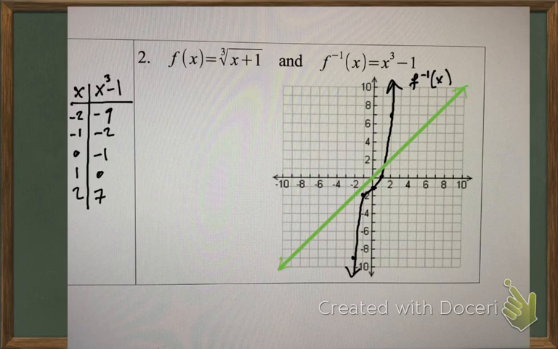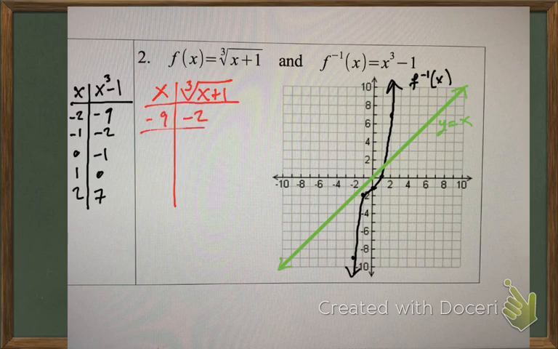Okay, so here's x and the cube root of x plus 1. So we'll reverse our table, -9 and -2, -2 and -1, -1 and 0, 0, 1, and 7 and 2. So when we're sketching this, I do see this part is kind of flat and curving away a little bit.